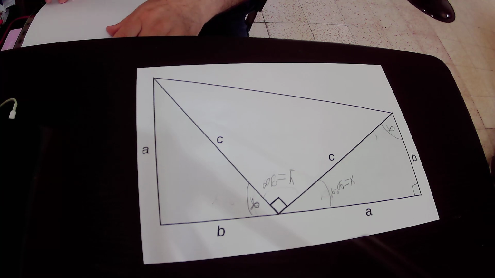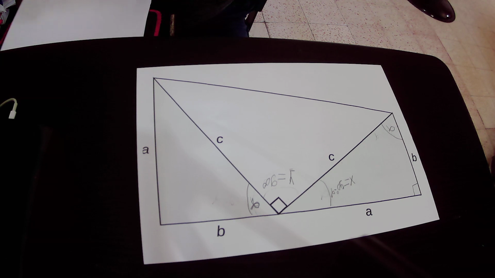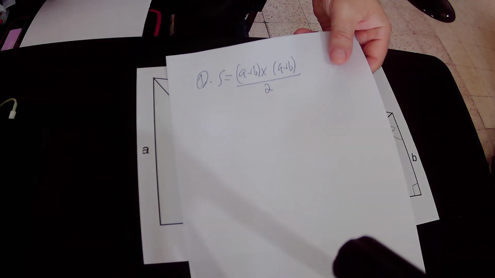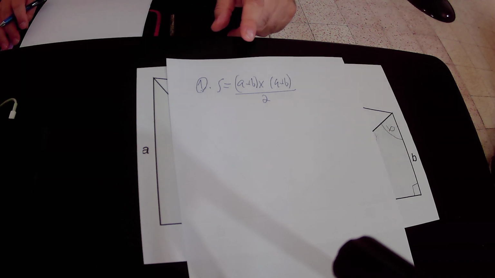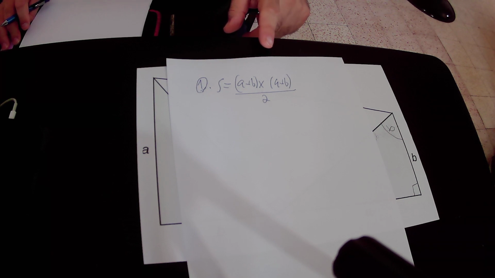So the first way to calculate the area of this trapeze is by multiplying the sum of the parallel sides, that is A plus B, times the height of this trapeze, that is also A plus B, and we divide all by 2.